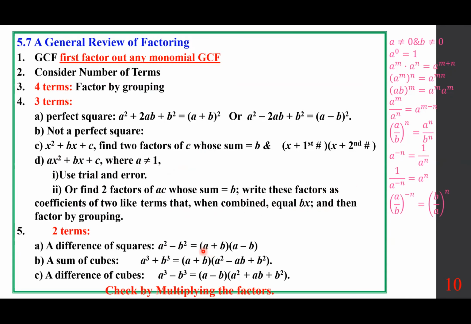And we have 2 terms, a squared minus b squared is a plus b times a minus b. Sum of cubes, a cubed plus b cubed is a plus b times a squared minus ab plus b squared. A difference of cubes, a cubed minus b cubed is a minus b times a squared plus ab plus b squared. I hope everybody remembers this stuff. If not, later on you want to go over this recording. Hopefully most of this stuff is going to come back to you.